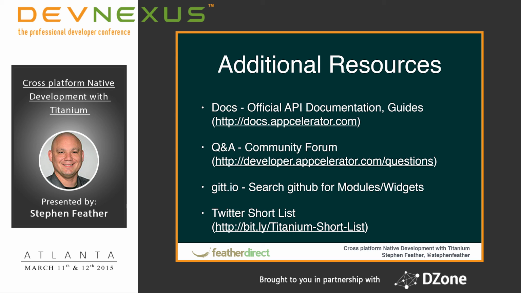For those looking for modules and extra widgets, Git.io scans GitHub, indexes it, and tells you if a module is iOS, Android, both platforms, CommonJS, that kind of stuff. Short list, if you want people to follow on Twitter who are in the Accelerator and mobile scene, I would grab my list there. These are the folks that I would say are movers and shakers.